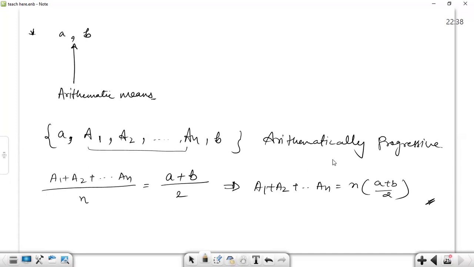Okay. So let's now discuss more about this AP. We know that the common difference between any two consecutive terms is going to be the same. So why not find the common difference? Let's try finding out the common difference.